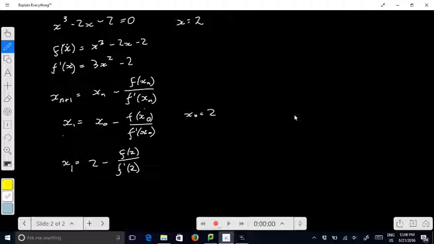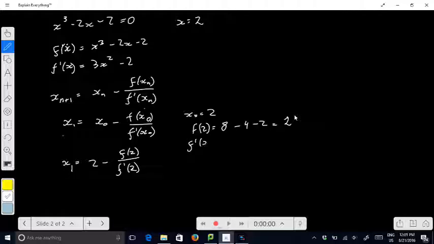And what do we get on the top? Well, f of 2: 2 cubed is 8, take 2 times 2, so 4, take 2 is going to be 2.